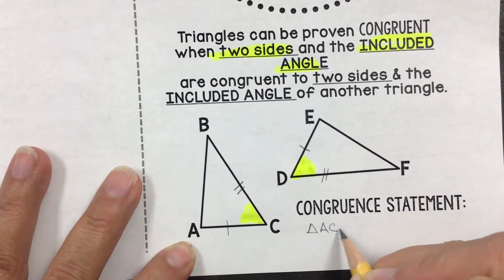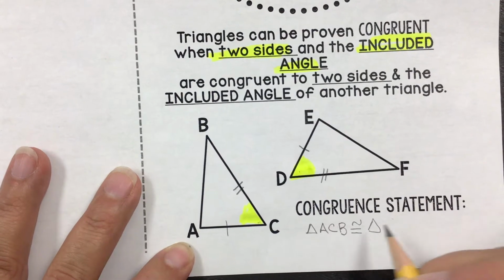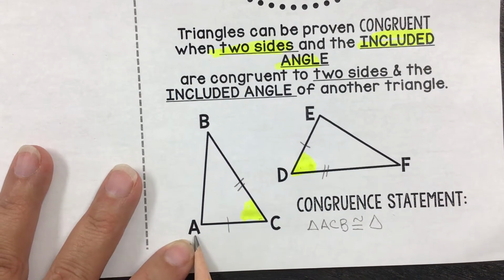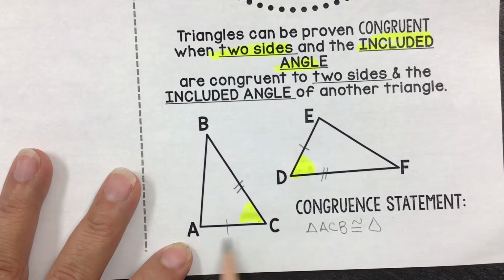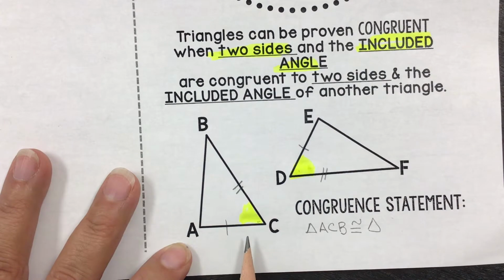ACB is congruent to the triangle. And this is important, the order of the letters matters. If I go from A to C, it gives me that one hash mark to indicate that it's equal.